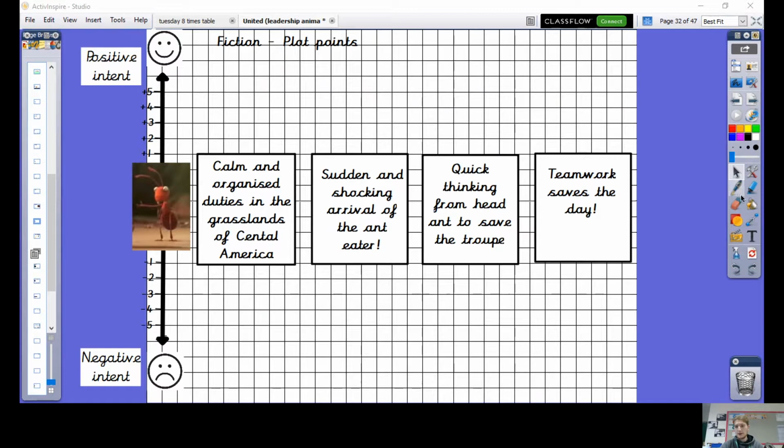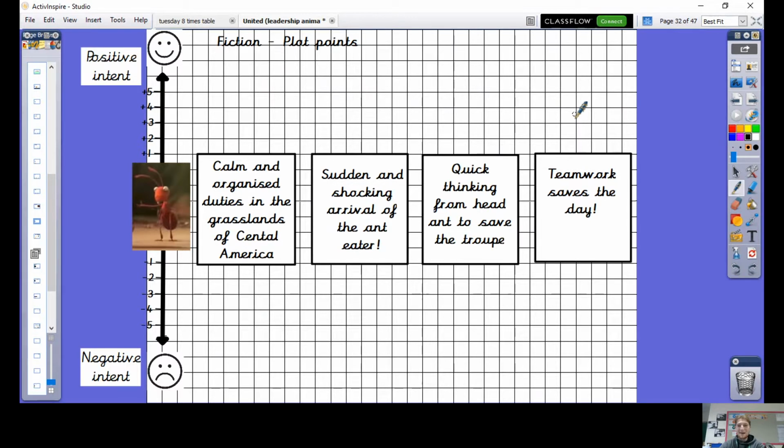Okay, right, so I'm going to quickly draw a cross where I think best represents how happy or sad they were. And I think it's going to be a positive thing because they've just saved their friend from getting eaten, and I'm sure they're very happy about that as an ant.